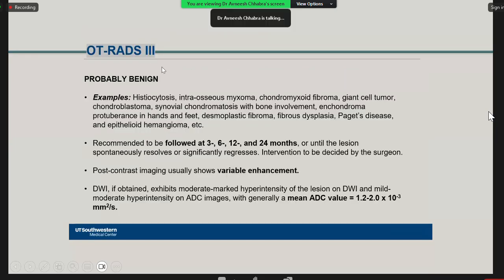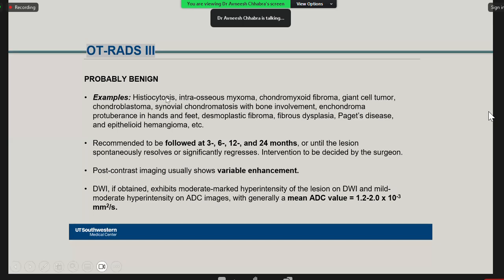Then 3 is probably benign, so they had some characteristic imaging signatures. One of the things which reviewers asked was, can you put some suggestive features also? Then we put another table in the paper which suggests, what's the classic for histiocytosis? Like they have these geographic margins sometimes, they have some edema around them, and a younger age, and so on, right?